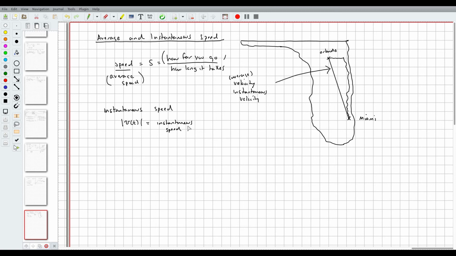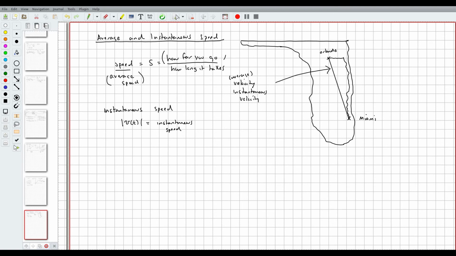So instantaneous speed and instantaneous velocity are the same, with the exception of the fact that you've just eliminated the sign, so you're just looking at the magnitude of it. Now, we're not going to really do any examples dealing with that right now. They're not super critical to university physics. I might give you a homework problem or two dealing with them, but nothing that is all that relevant.